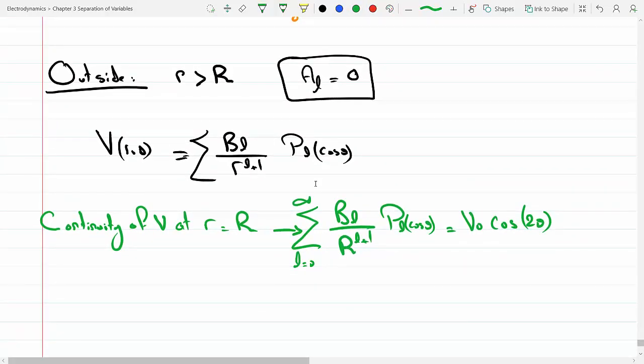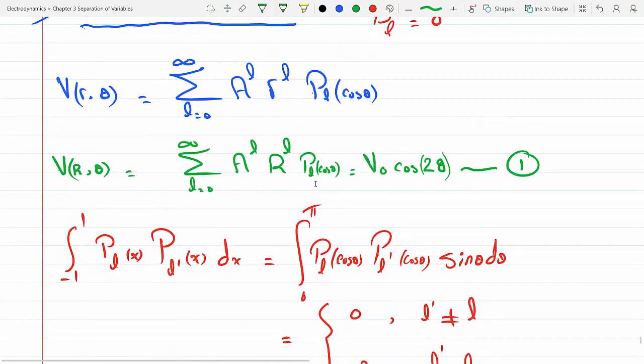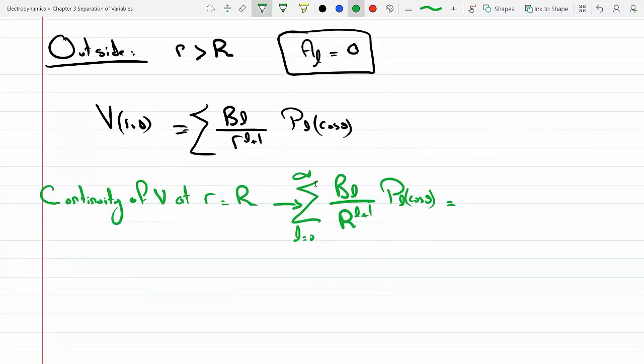I can do even better just to make the algebra a little bit more straightforward. Rather than setting it equal to V0 cosine 2 theta, I know that it's got to be the same as the V from the inside, which is the blue expression here, A_L R^L P_L of cosine theta. That's just faster to solve it.